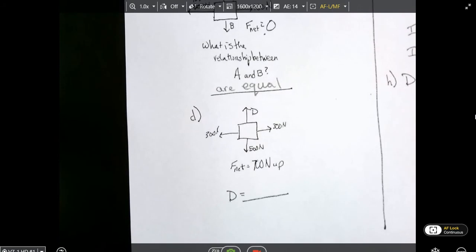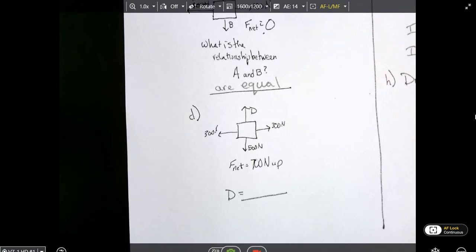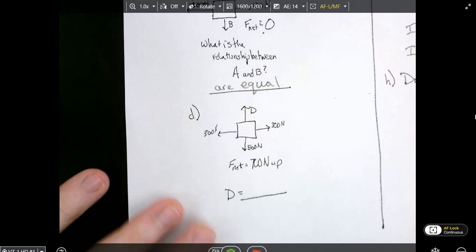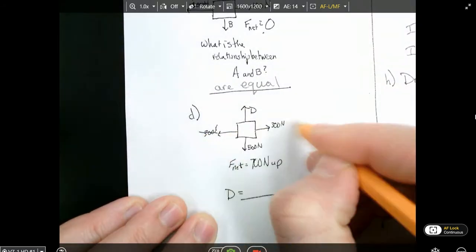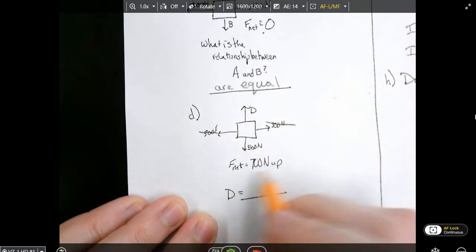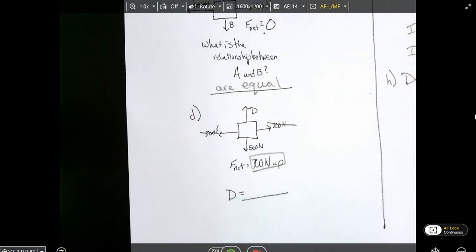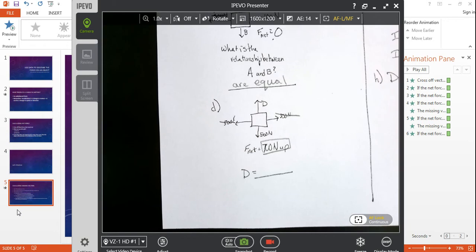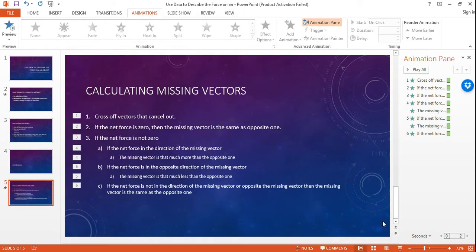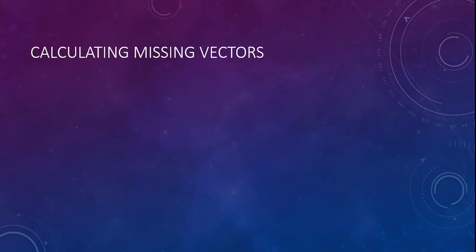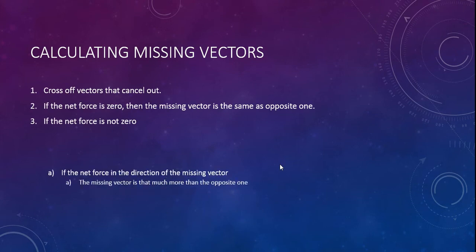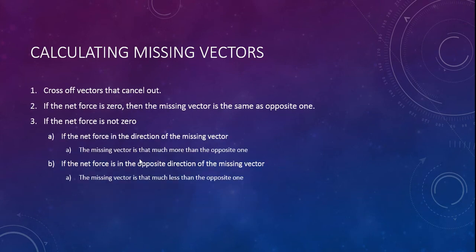All right, first step, let's cancel out what we've got. We've got 300 newtons to the left, 300 newtons to the right. The net force is 700 up. And if we flip back to this, it says if the net force is in the direction of the missing vector, it is that much more than the opposite one.